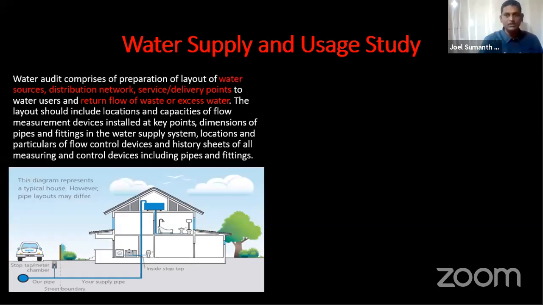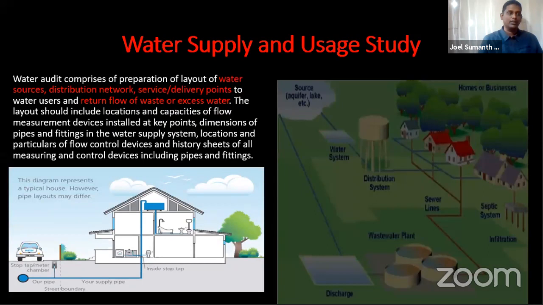So this concept can be used for different scales. What is the distribution network inside your house, your campus, your city, your region, your state? Understanding and mapping that is called the water supply and usage study.